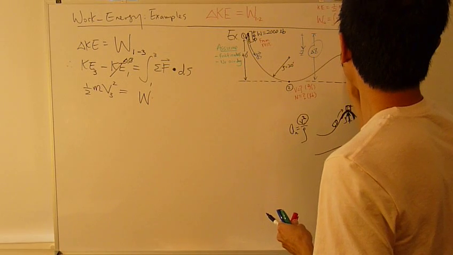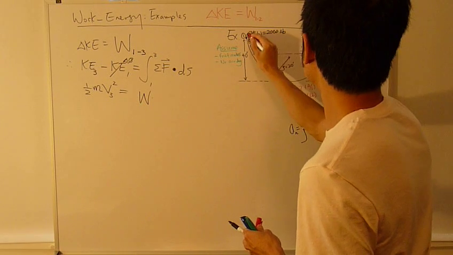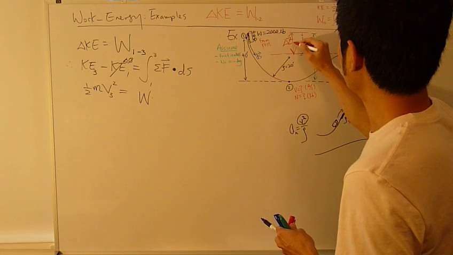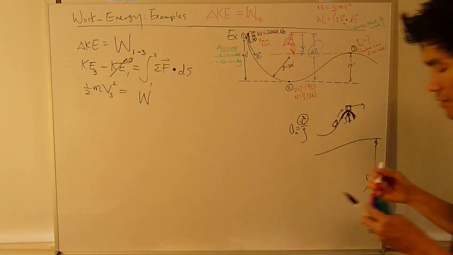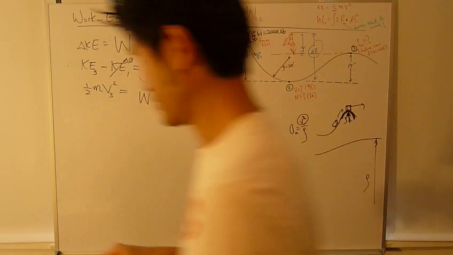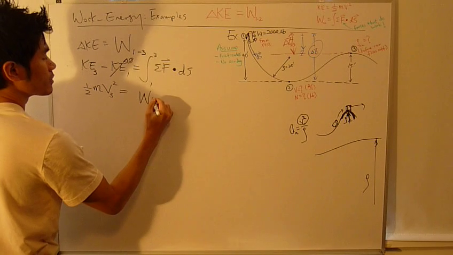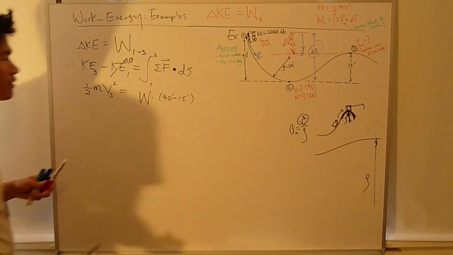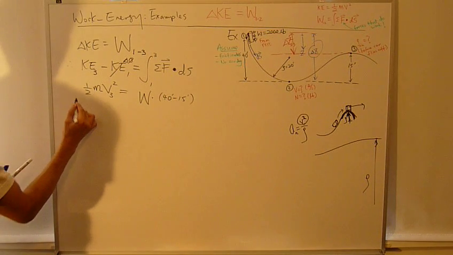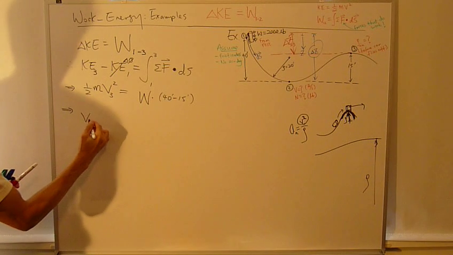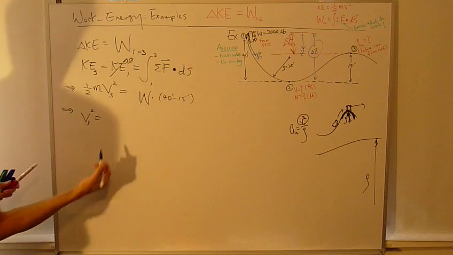So the change in height between 1 and 3 is this delta z 1,3 right here, which is 40 minus 15, so 40 feet minus 15 feet. Now v3 is the unknown, so keep it as v3 squared.